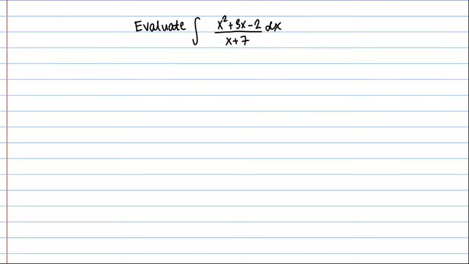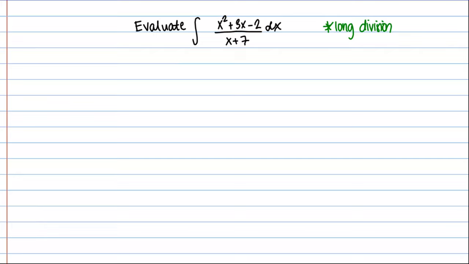And the approach that we're going to use here is actually what we would call long division. So I'm actually going to do long division on x squared plus 3x minus 2 divided by x plus 7, and that will allow me to rewrite this rational function.